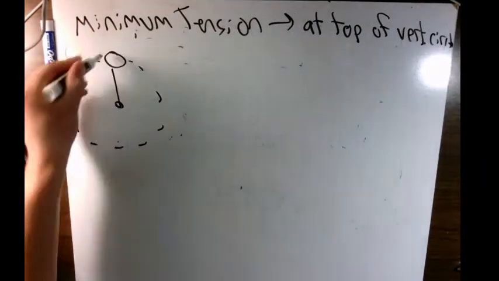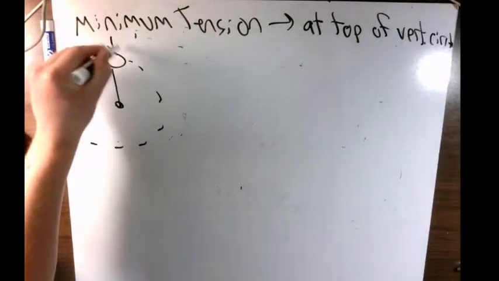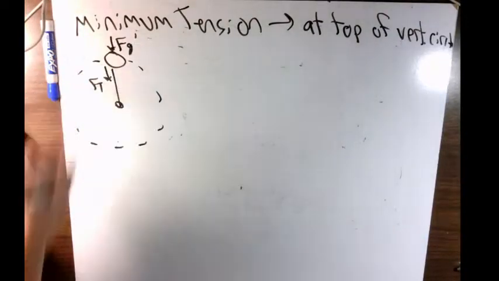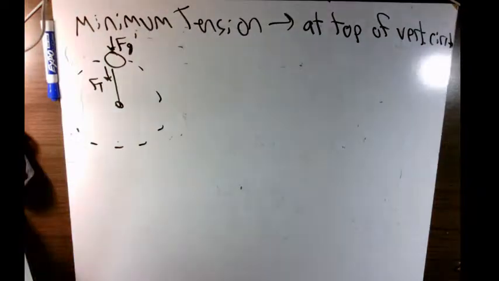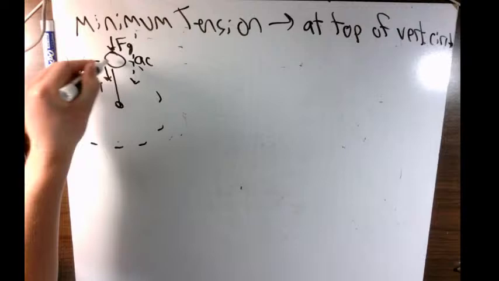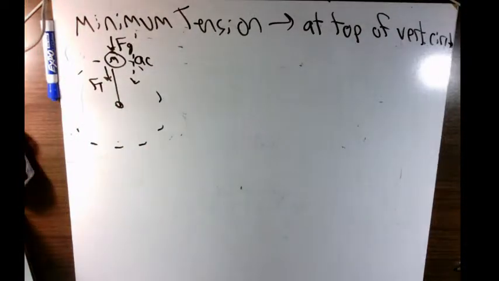We have to add all our forces. We have force of gravity acting down. We have our tension force acting down. And we have this centripetal acceleration and some mass of our object, which is all given to us, or everything that we need.